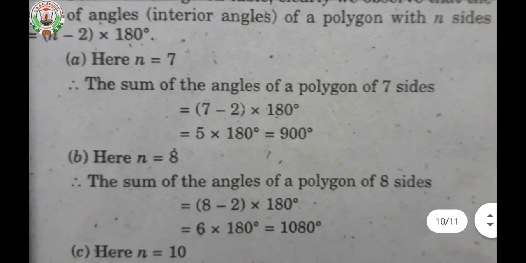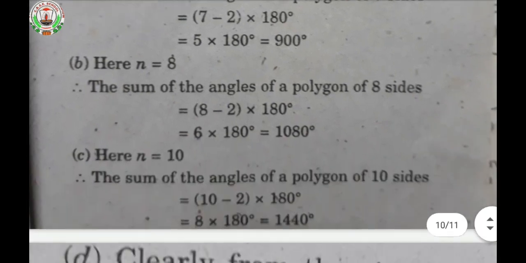The sum of the angles of a polygon of 7 sides is 7 minus 2 into 180 degrees, where 7 minus 2 is 5. So 5 into 180 degrees is 900. In the same way, for part B, the number of sides is 8, so 8 minus 2 into 180 degrees. 8 minus 2 is 6, and 6 into 180 degrees is 1080.